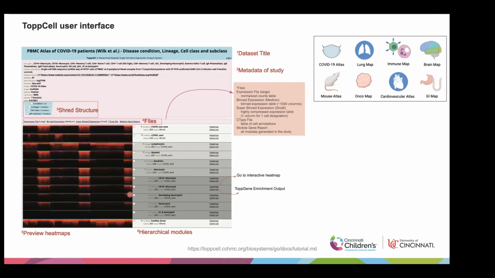After that, I want to briefly discuss the interface of ToppCell, because we enable all the interaction in the web portal, and users can play with our current more than 70 single cell datasets. Here's an example of one of the PBMC COVID-19 single cell datasets and how it looks, including the gene signatures on the right sidebar and different elements on the web portal.